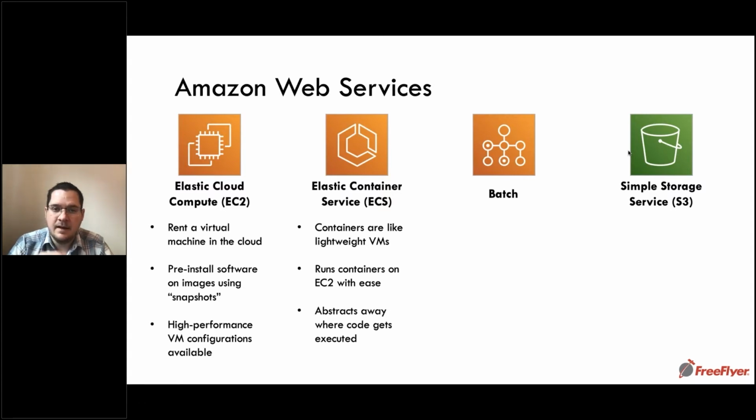What that means is that this service abstracts away the code that you want to run from where it actually gets run. So we'll see that using ECS allows us to run different parts of our pipeline in the cloud without having to specifically designate which server it's going to run on.